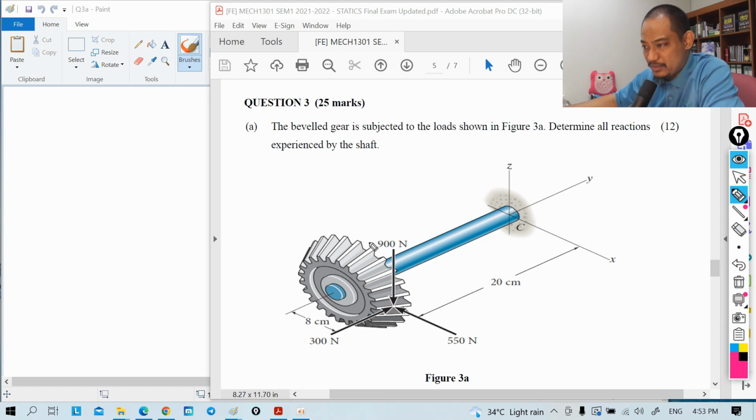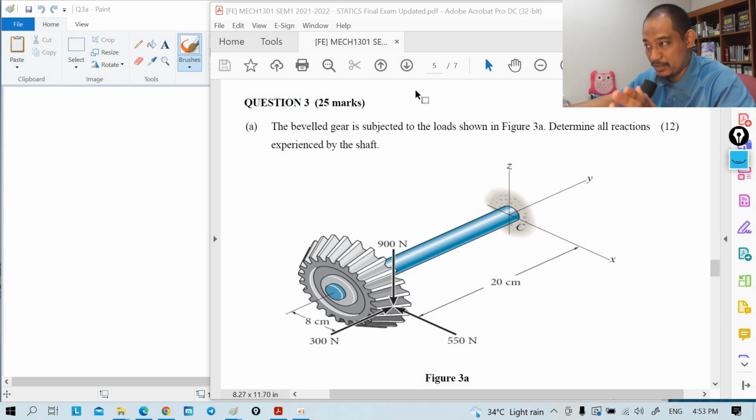And the force is only here, and determine all reactions experienced. So reactions are only here. If you have fixed support, that's even easier, because you have Cx, Cy, Cz, and then moment x, moment y, moment z. So you have 6 unknowns there, and you have to solve all of those. That's basically it.